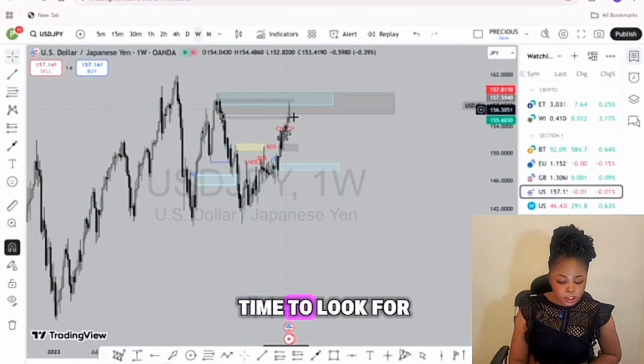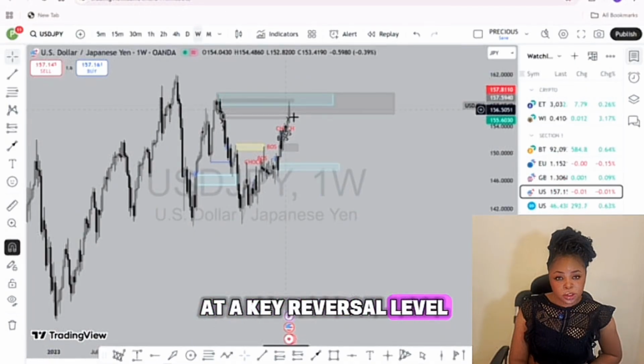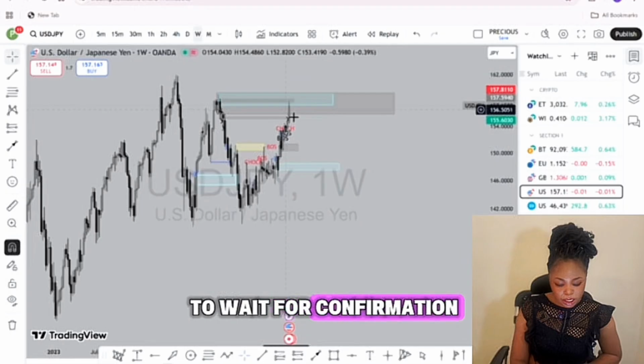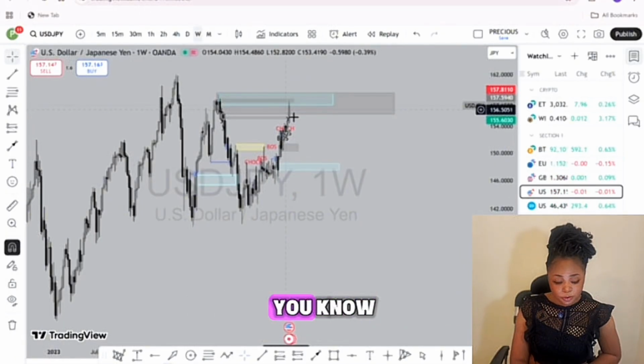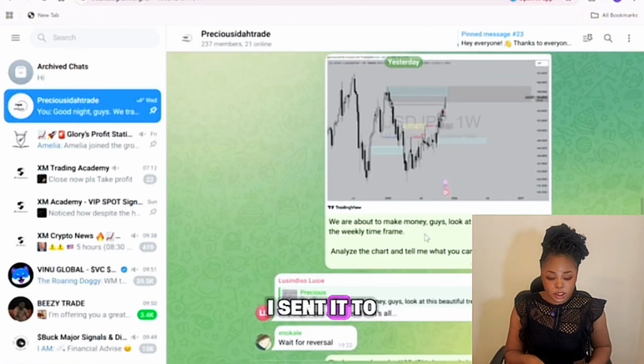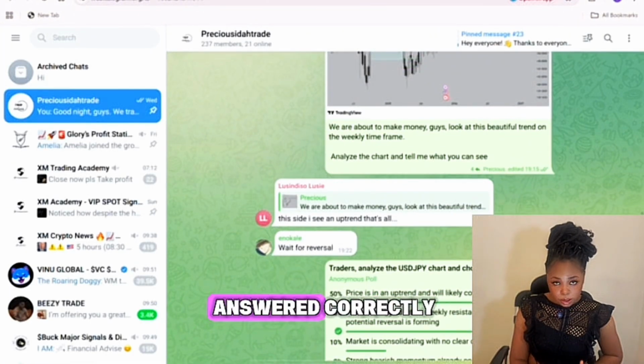This is not the time to look for a buy when price is sitting at a key reversal level on the higher time frame. This is a time to wait for confirmation for a possible sell. So like I said to you guys on the group chat yesterday, I sent it to the group chats, and mostly some people answered correctly.